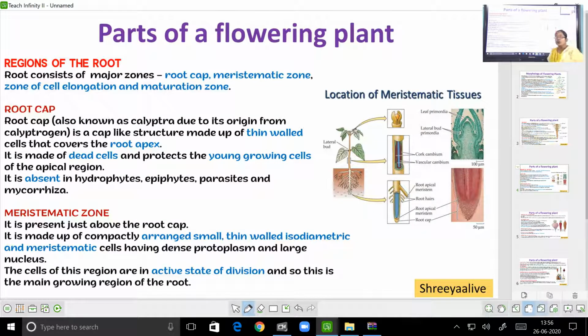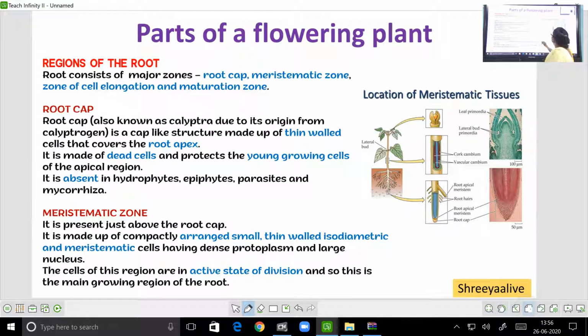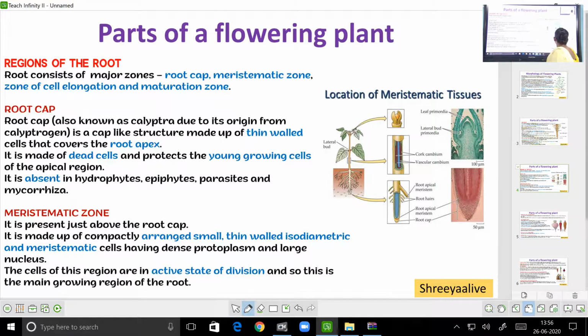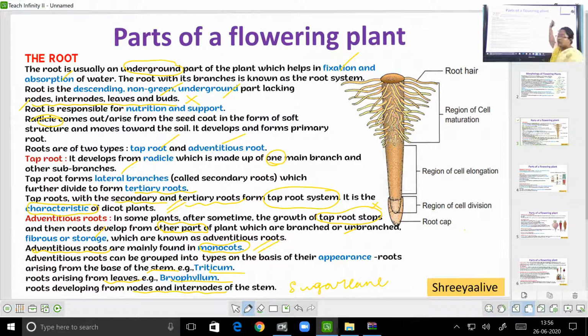So next, to start with, we will be studying about the regions of the root. Here we could make out there are so many regions in the root: the root cap, then the region of cell division, also called the meristematic region, the region of cell elongation, and the region of maturation.